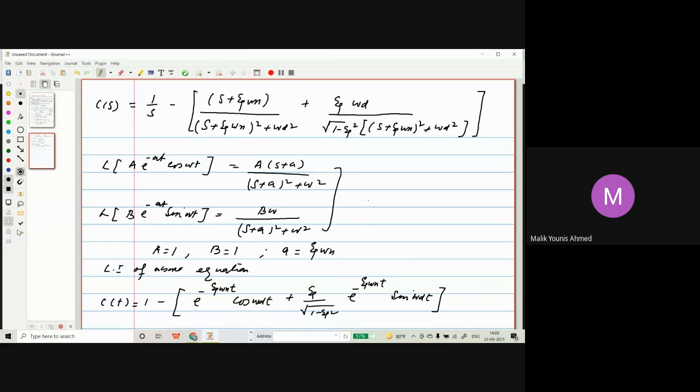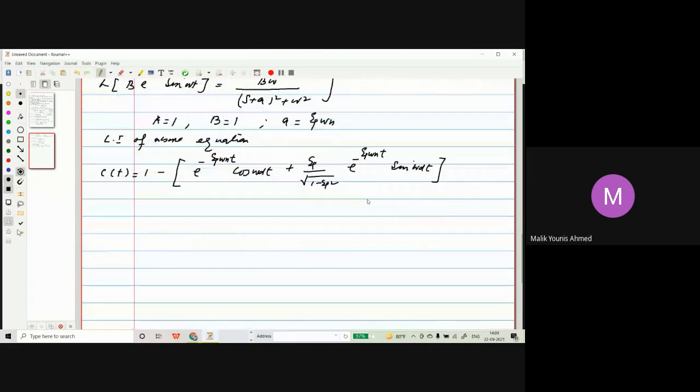I hope this is not so difficult to obtain. So C of t can be further written as 1 minus... What we will be doing here, we'll try to get this e raised power minus xi omega n t and the under root common. 1 minus e raised power minus xi omega n t divided by under root of 1 minus xi square.